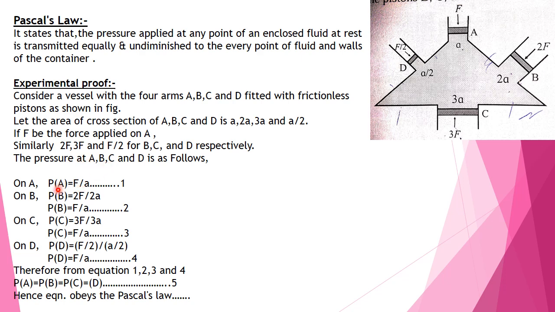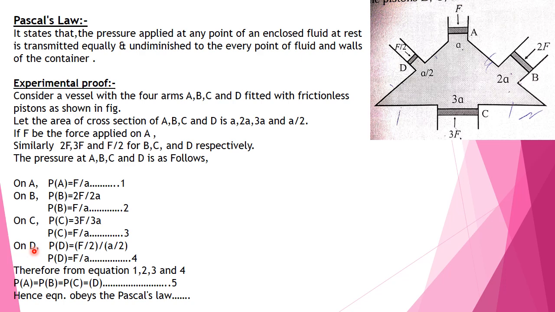On A, pressure PA is equal to F upon A as per the formula, equation number 1. Pressure at B, 2F upon 2A, the 2 cancels. Therefore, the final pressure at B is equal to F upon A, equation number 2. On the point C, pressure PC is equal to 3F upon 3A, the 3 cancels, PC is equal to F upon A, equation number 3.